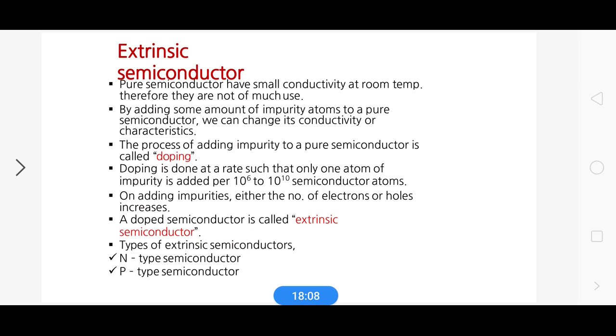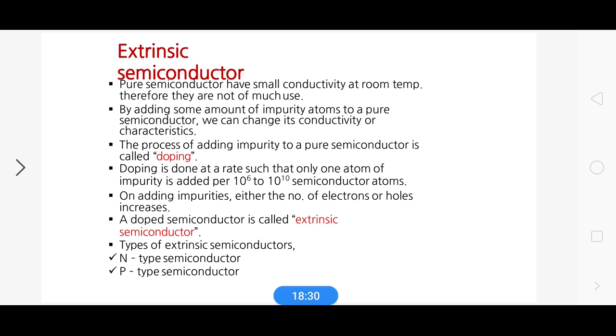This is the concentration of impurity in the extrinsic semiconductor. This is the doping process and doping rate.